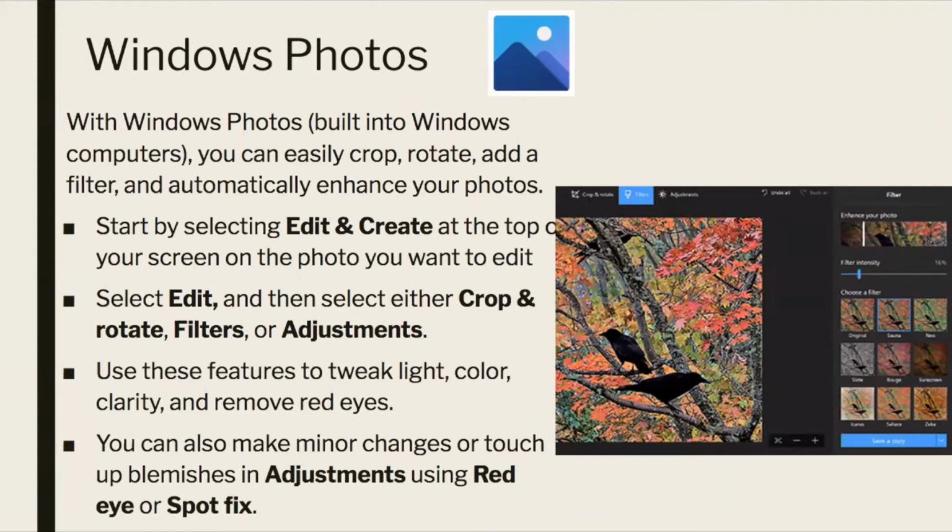Select edit and then select either crop and rotate, filters, or adjustments. Use these features to tweak light, color, or fix clarity, and remove any red eyes. And you can use these to make minor changes or touch up any blemishes in the option of adjustments using red eye or spot fix.